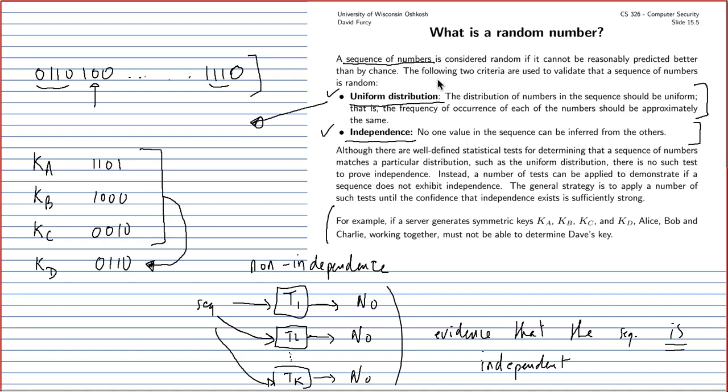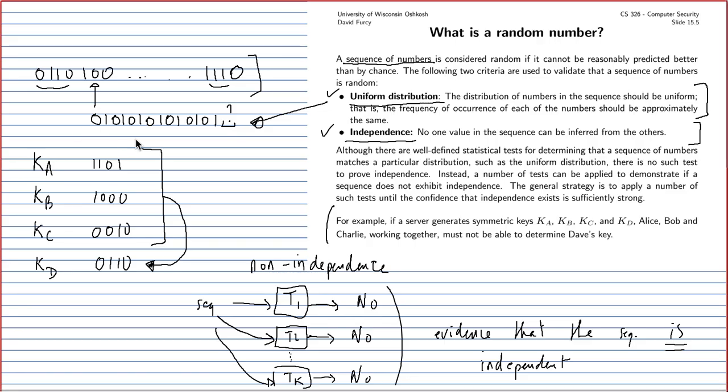So for example, if I show you the beginning of a sequence and I say, here is the beginning. Can you predict, knowing this beginning of the sequence, what the next bit is going to be? Most people would look at this and say, well, yeah, it's probably going to be a 0.